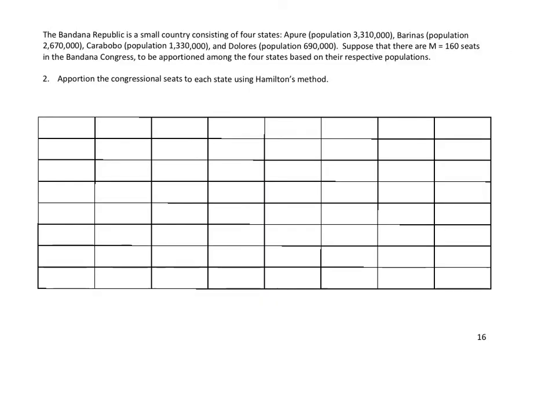Next example, the Bandana Republic is a small country consisting of 4 states, A, B, C, and D. So let's just put those in. A, B, C, D, and then we'll have a total column.